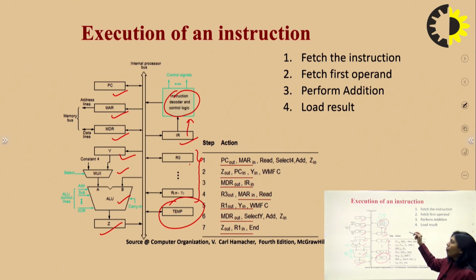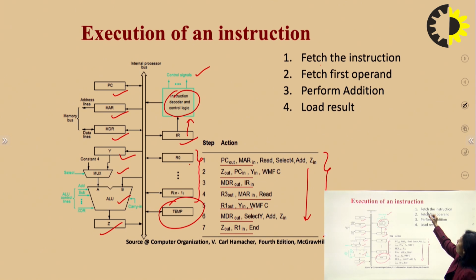After being decoded, the control signals will be generated, and these control signals will help the instruction cycle to be done in this manner. This is the way the instruction will be executed, and we are going to see how it happens.